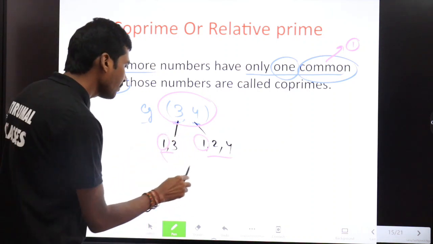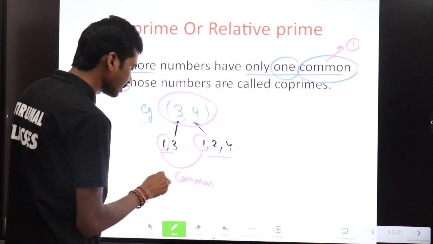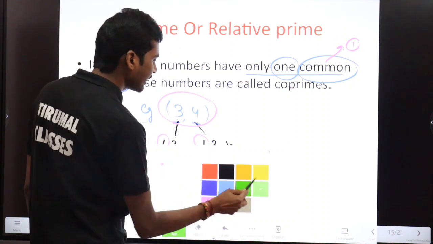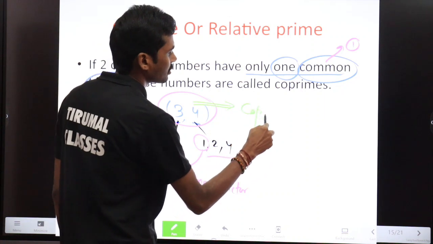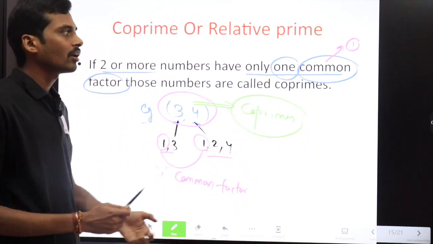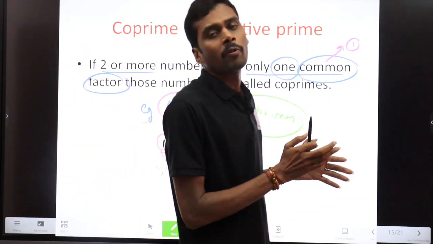The common factor is only 1. There is only one common factor. So I can say that 3 and 4 are co-primes.